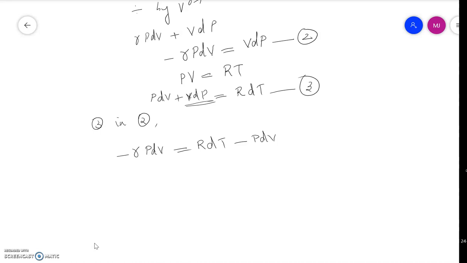Now taking all the dV terms together, what we will get is 1 minus gamma P dV, that is equal to R dT, or P dV, that is equal to R dT by 1 minus gamma.